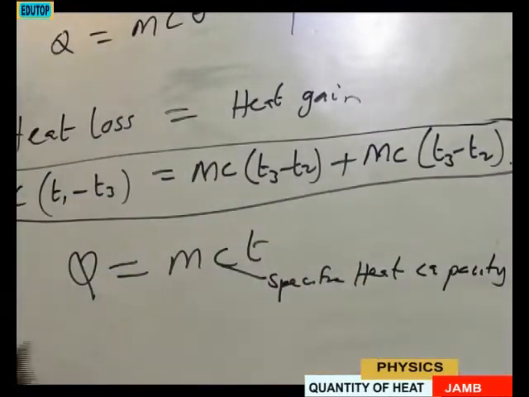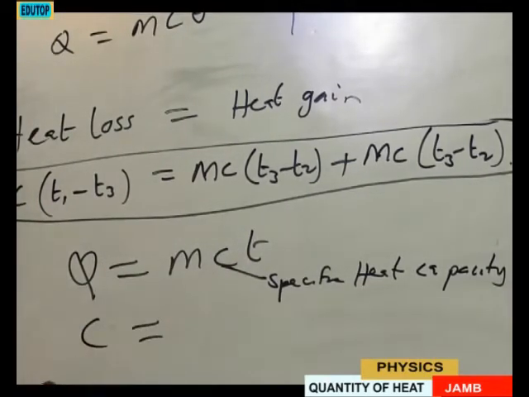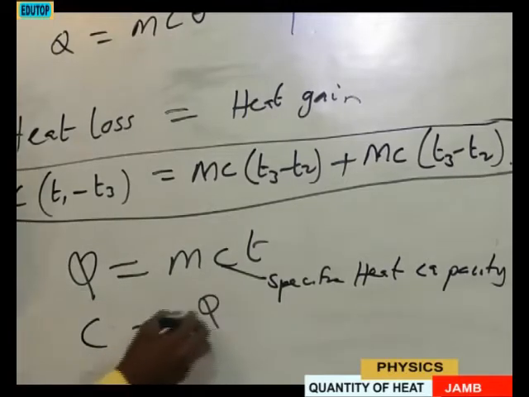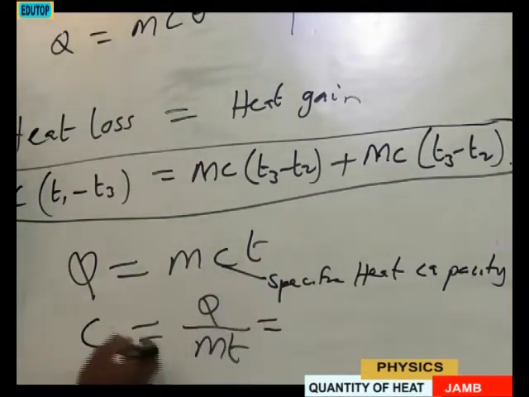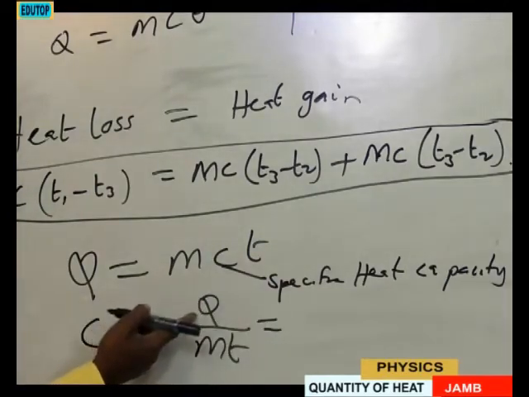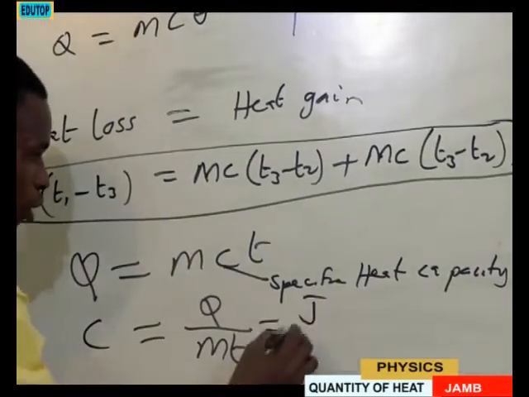Okay? So we are now defining specific heat capacity. Let's make C the subject of the formula. C equals Q over MT. What is Q standing for? This is the quantity of heat, and the unit of heat is joule.